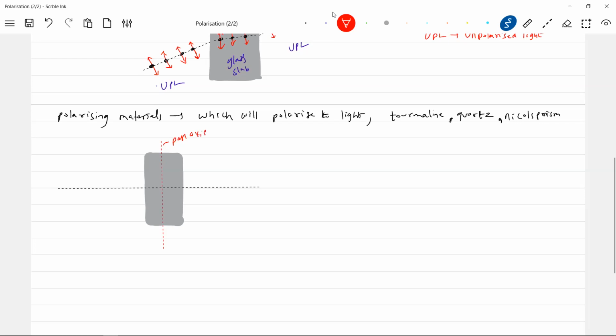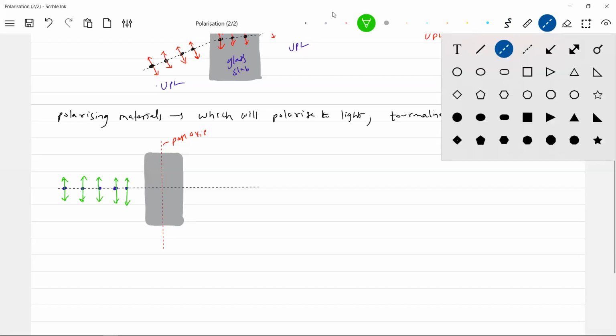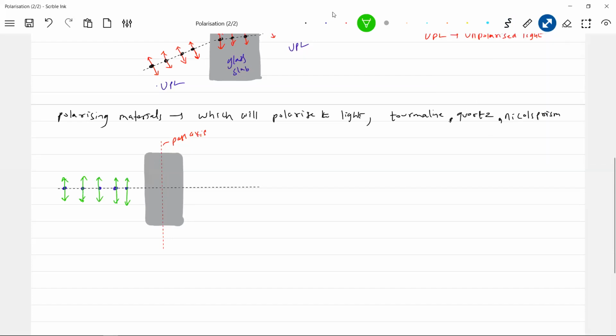Then the light will come with a vibration. So there's a pass axis.